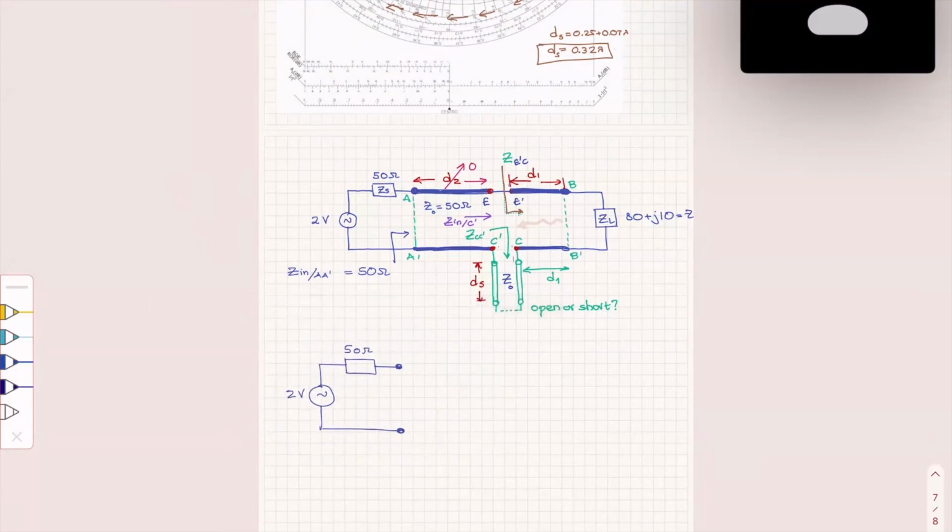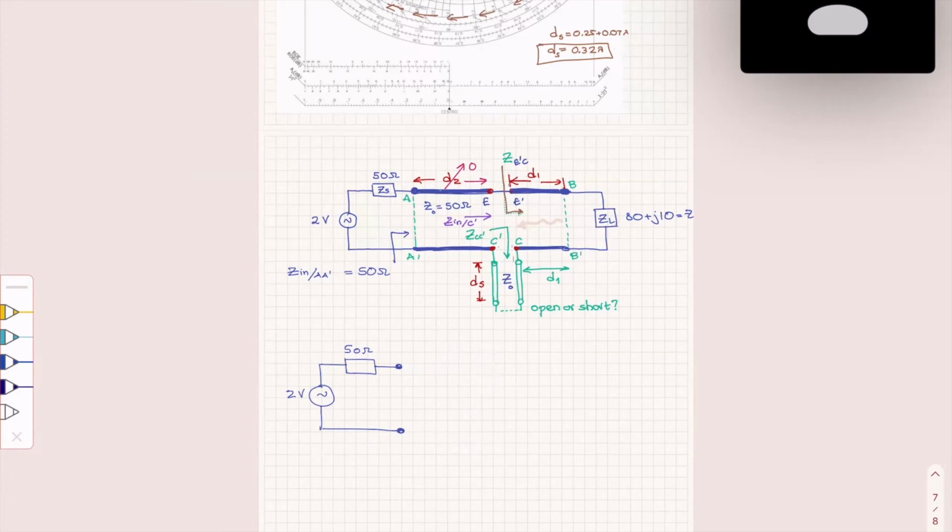I said I will remove the D2, so that now is gone.